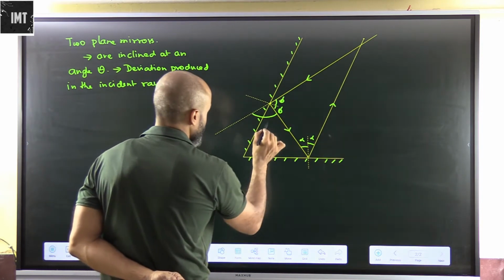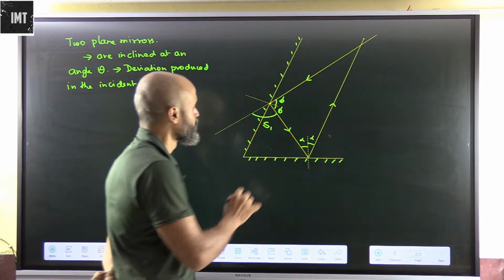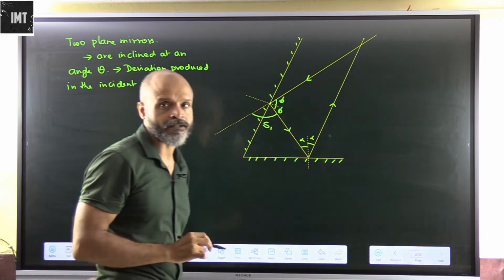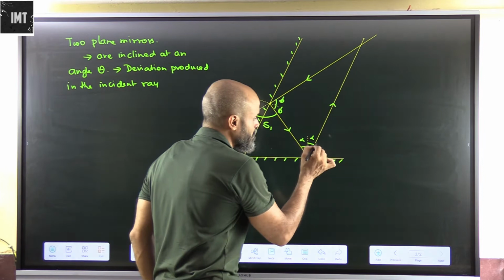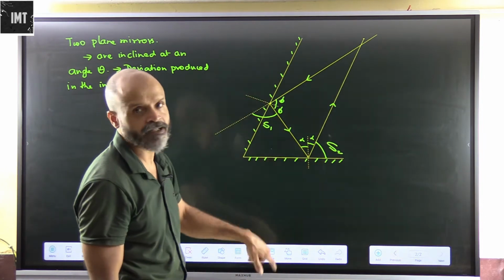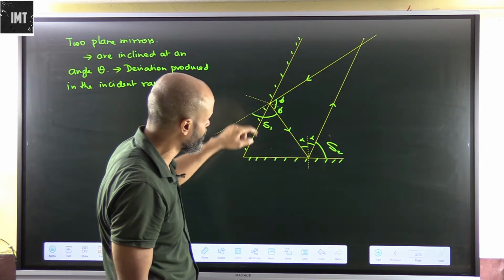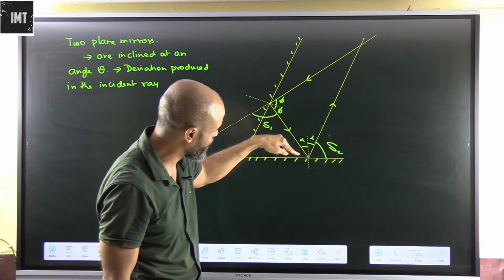Let's name this as delta 1. Here the incident ray comes like this and it gets reflected like this. What is the deviation produced in this case? Let's say this is the deviation produced as delta 2. This is the deviation produced as delta 1, and this is the ray coming in like this.